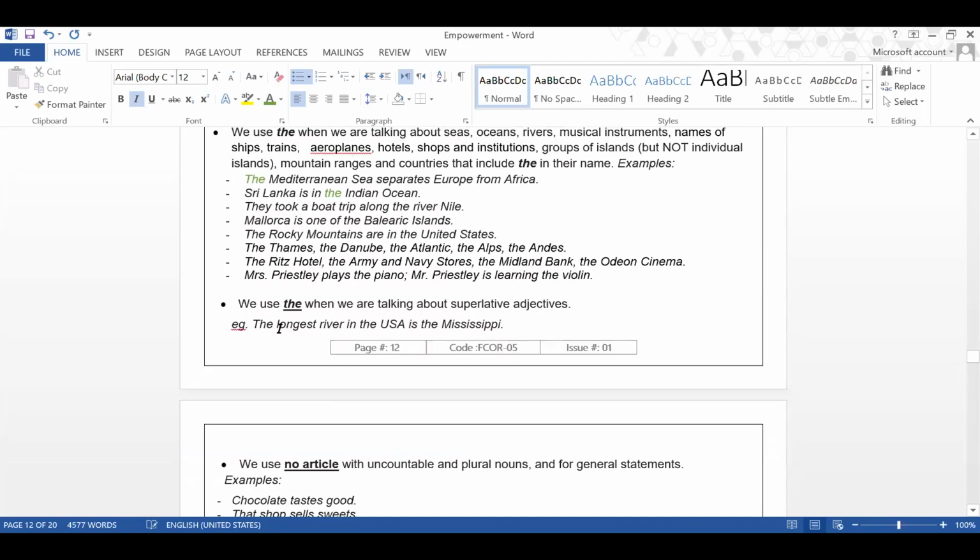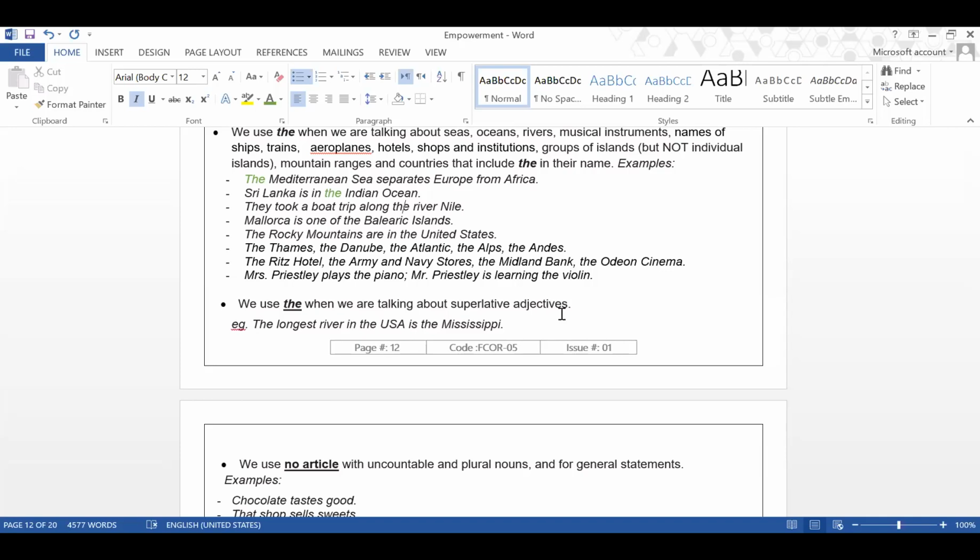Also, we use the article the when we are talking about superlative adjectives. Superlative adjectives means when you give someone the best quality, like he is the tallest, he is the shortest, he is the smartest. We form it by using est or most.